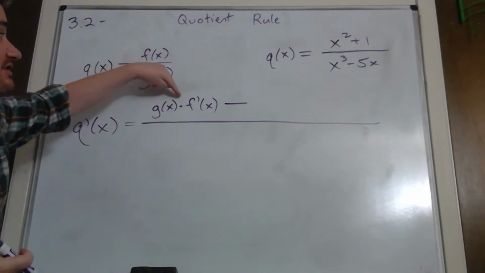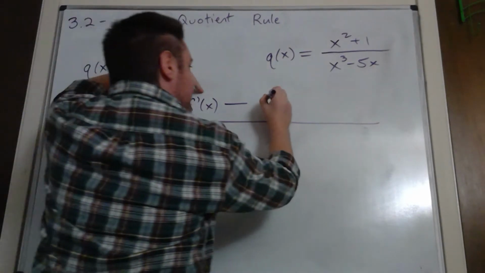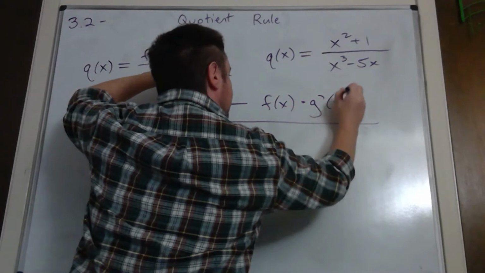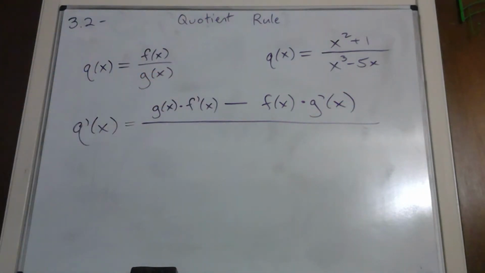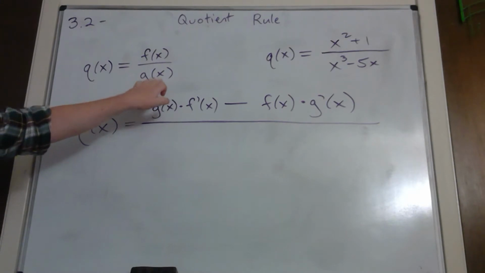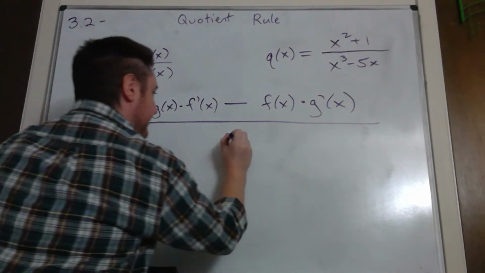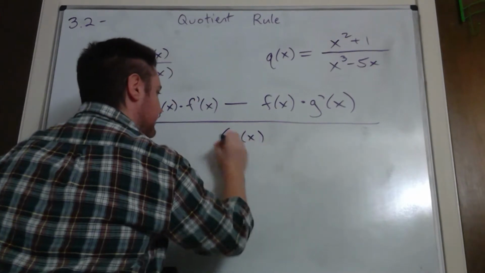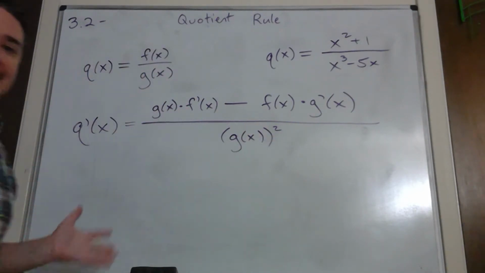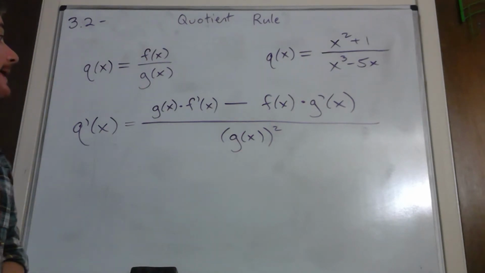So it's the bottom times the derivative of the top minus the original top, f of x, times the derivative of the bottom, g prime of x. And then that's all over g of x, whatever my original denominator is, but squared. So we square the original denominator, which looks like this, g of x squared. Alrighty. So jot that down using this notation.